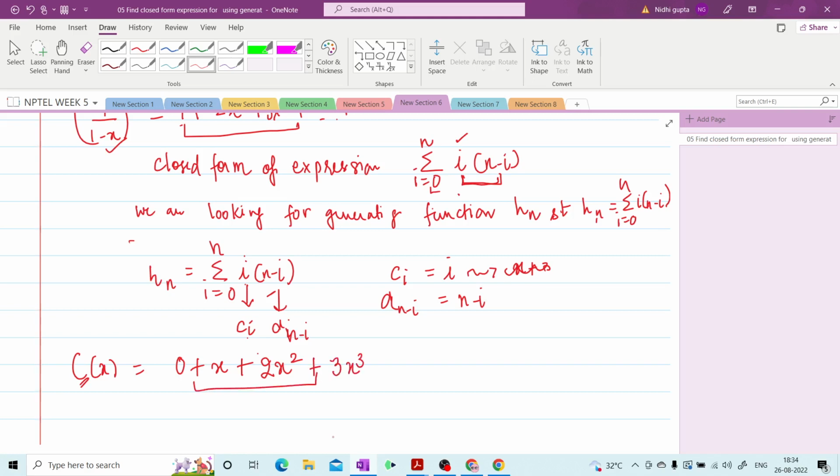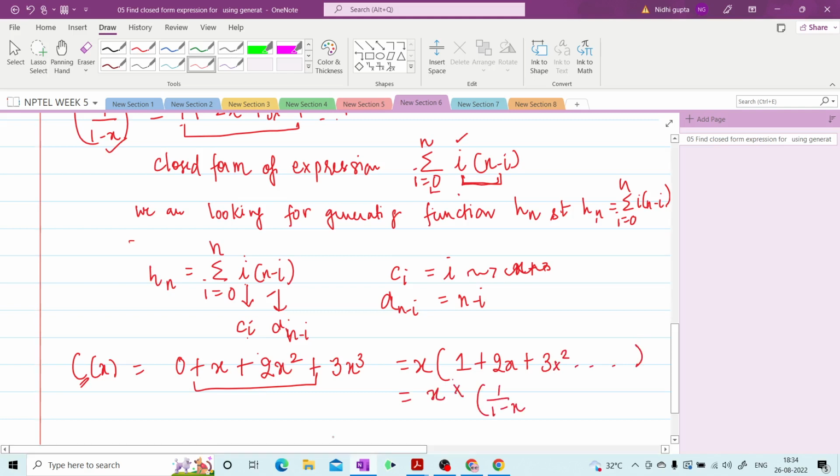This is basically x multiplied by 1 plus 2x plus 3x square and so on. So this is x into the power series of 1 upon 1 minus x whole square.